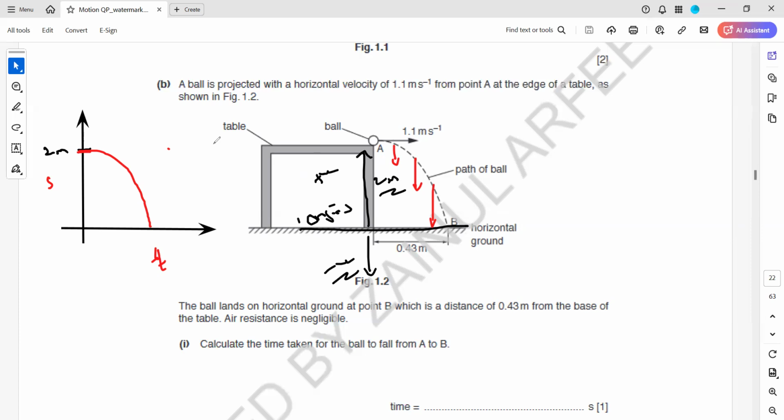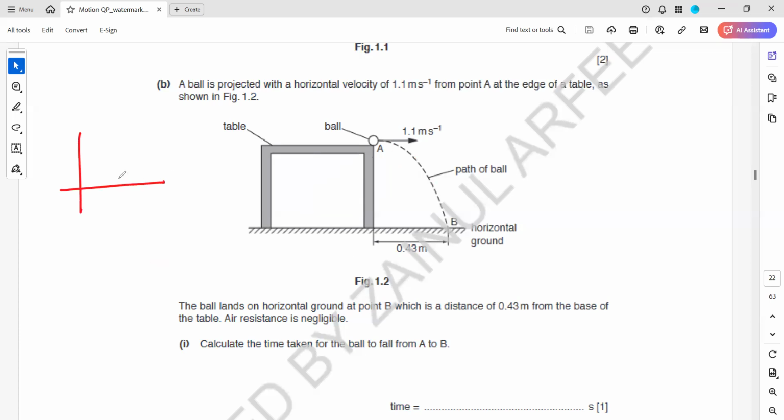But in this question, because they ask us to draw an acceleration time graph and they give us the positive direction, and they only use a positive axis, it means whenever the object is going down, it will accelerate.